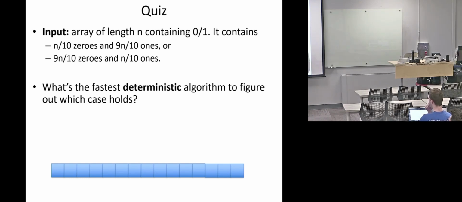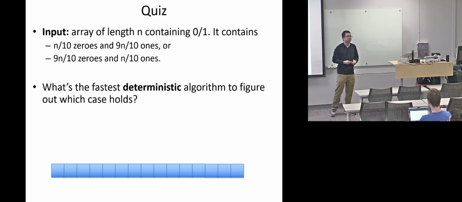The other case is just the flip of that: 90% of the cells are 0, and the rest are 1s. Now what would be the fastest deterministic way to figure out which case it is?